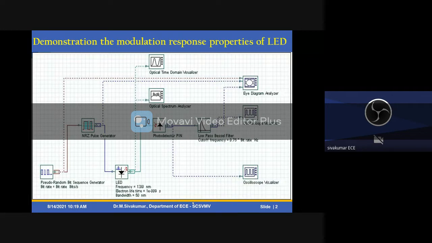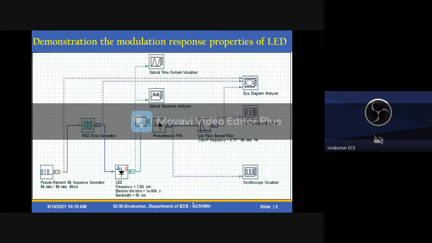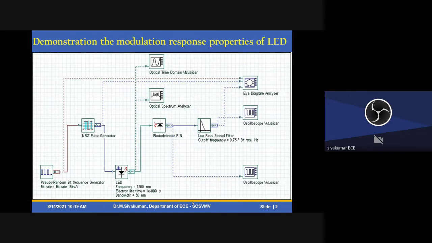Based on that, the NRZ pulse generator will generate the pulses, and these two sequences, the PRBS generator sequence and the NRZ generator sequence, and also the PIN photo detector output that is connected with the low pass Bessel filter. Here also no need to change any cutoff frequency. Just connect with this eye diagram analyzer. You have to get the eye pattern like this.